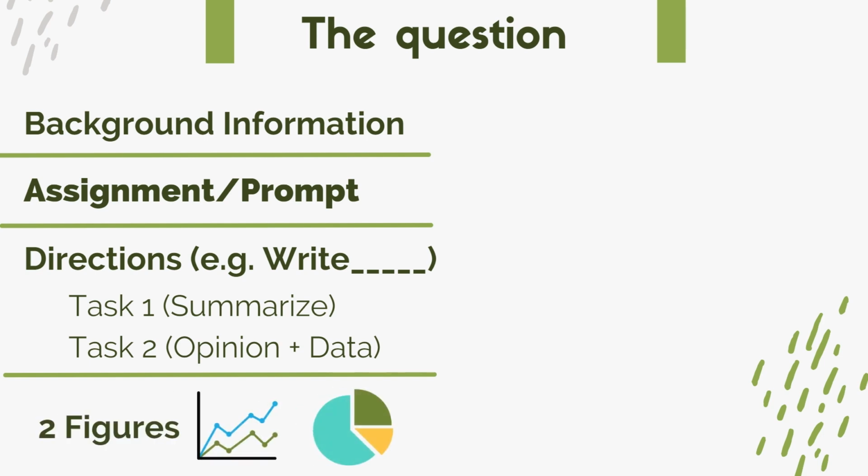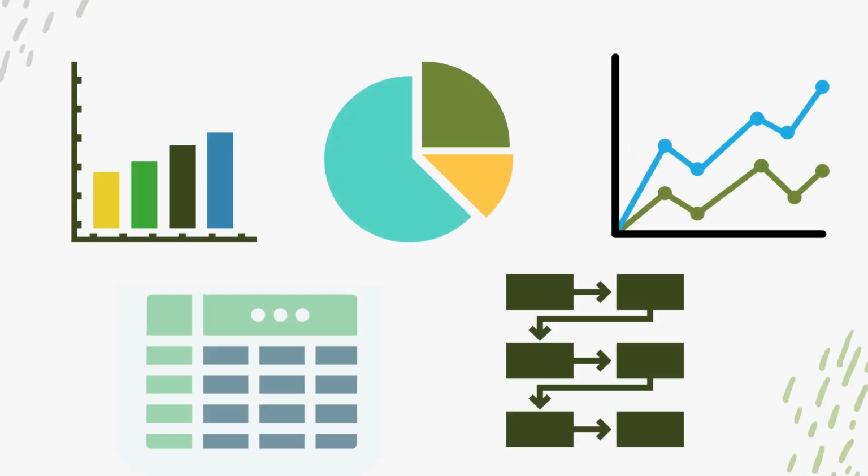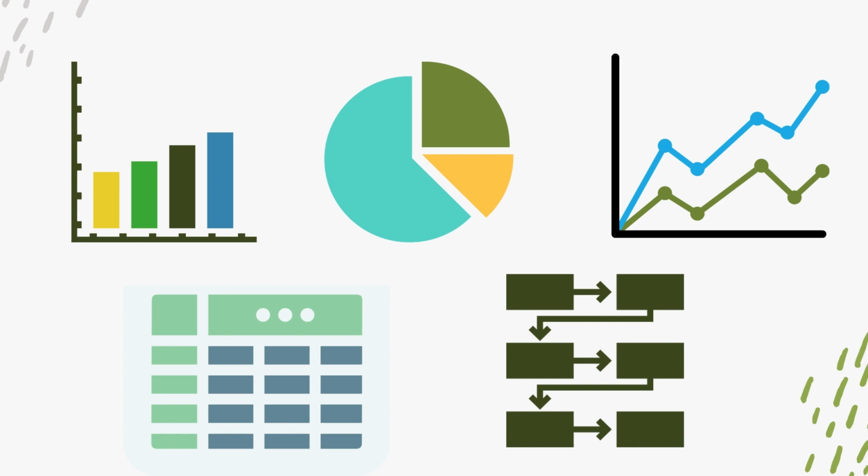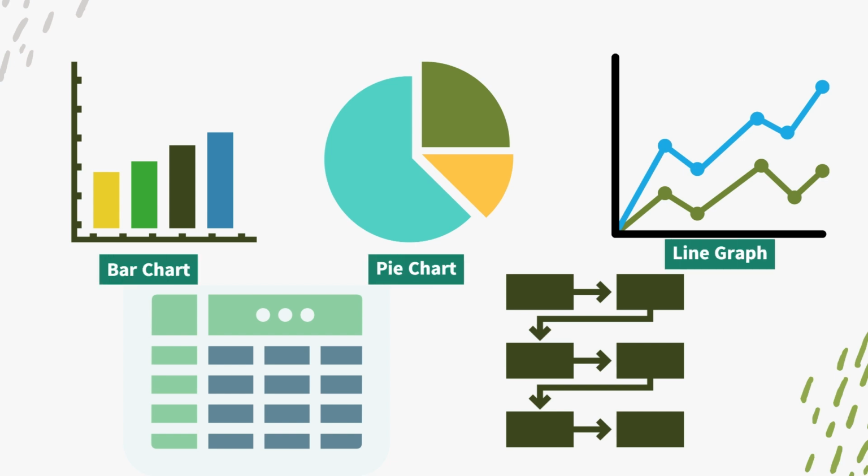Lastly, you will be given 2 figures to analyze. These figures could include a variety of charts, graphs, or diagrams, such as a bar chart, a pie chart, a line graph, table chart, or a process diagram.